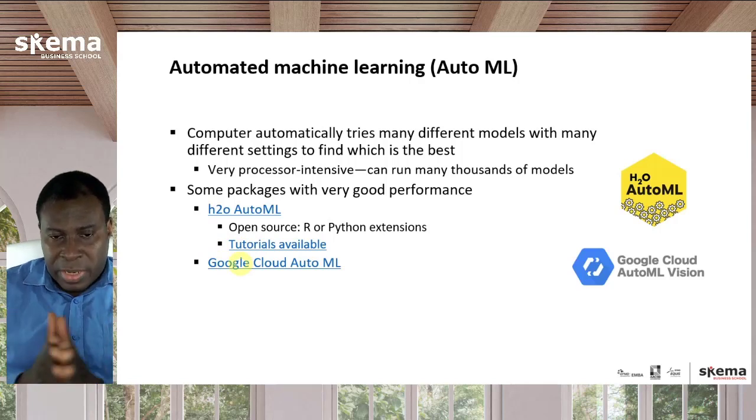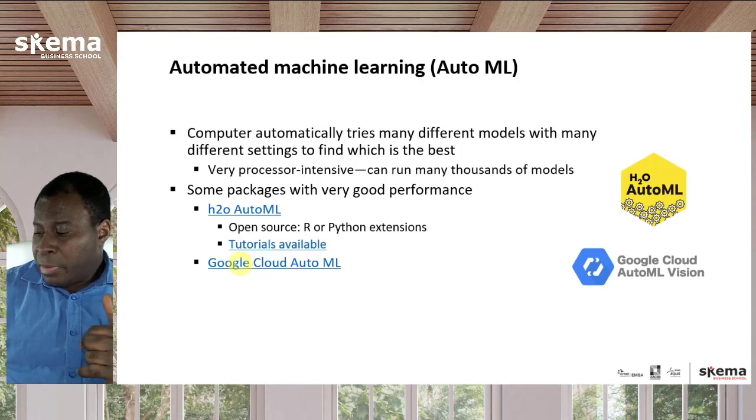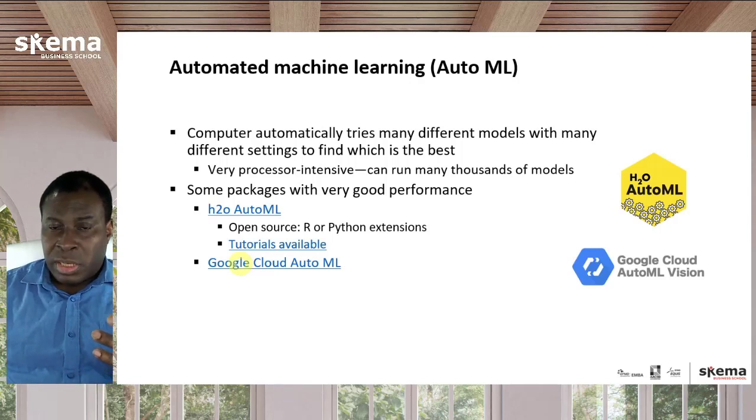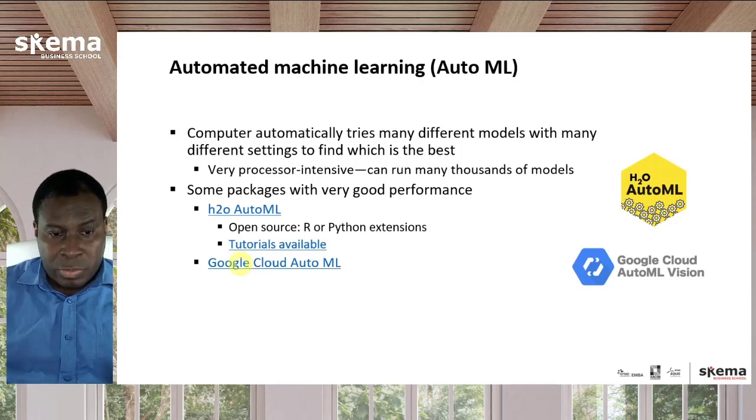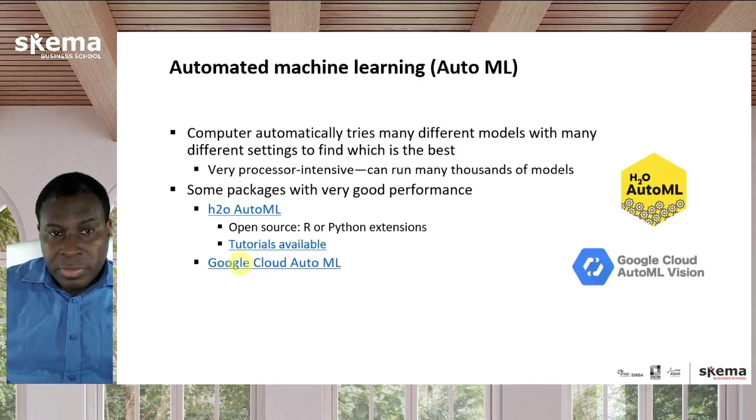Another automated ML platform to mention is Google Cloud AutoML, which also has some very good algorithms as can be expected from Google. Now it's not free, but one major advantage why I'm highlighting it is because you're not just paying for the algorithms, but you're also paying for the cloud servers that will run those algorithms.